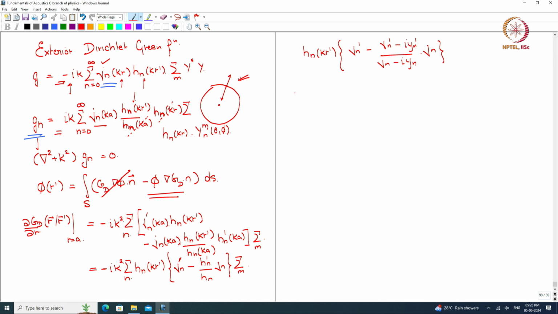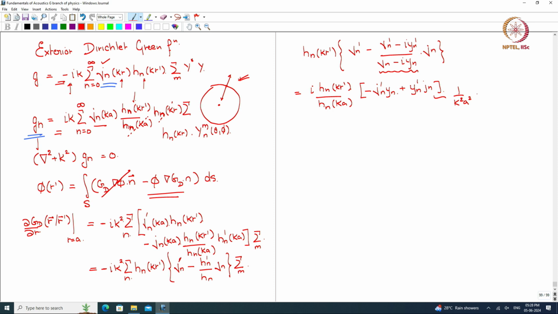So that results in i h n k r dash, this I will keep as h n k a, h n of k a, then I have minus j dash n y n plus y dash n j n. So this is 1 by x square. So in this case this is just 1 by k square a square.